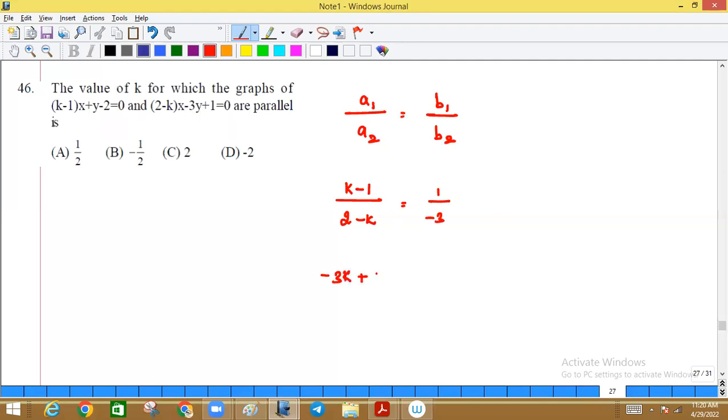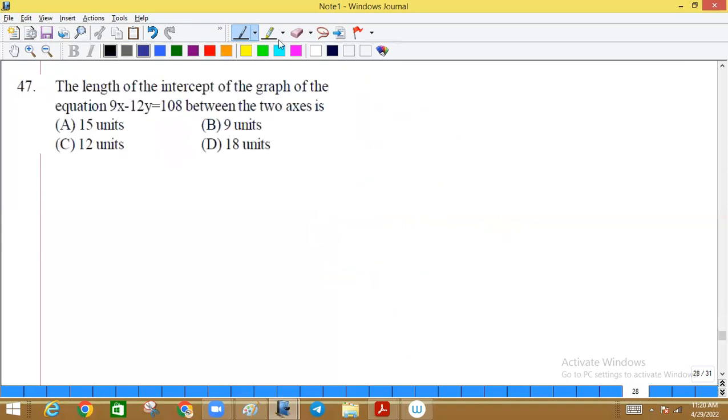Negative 3k plus 3 is equal to 2 minus k. 1 is equal to 2k. k is equal to 1 by 2. This k is equal to 1 by 2. Understood? a1 by a2 is equal to b1 by b2 when two lines are parallel.